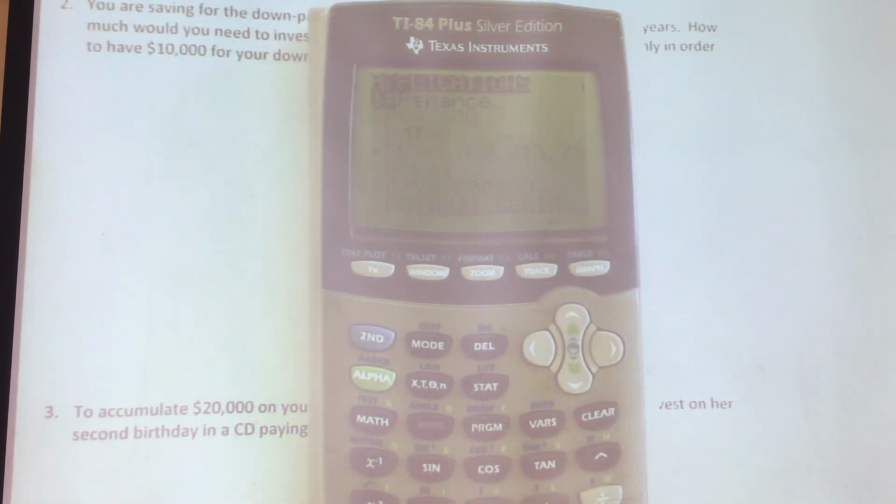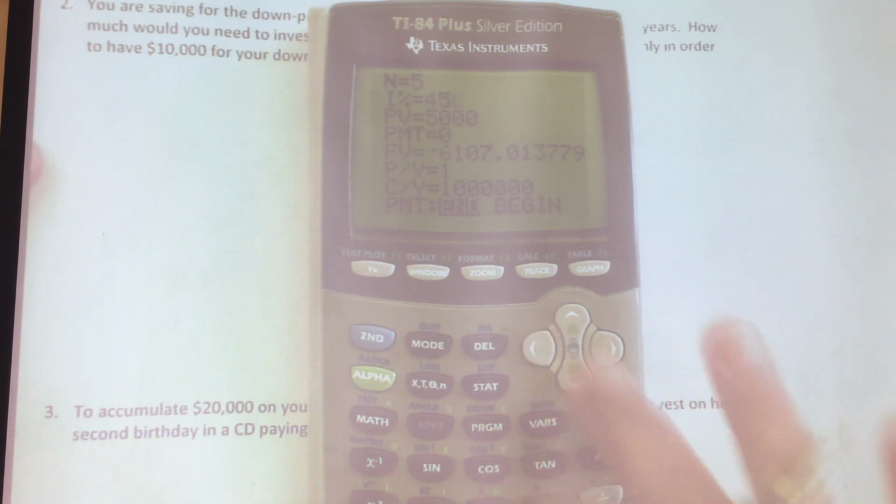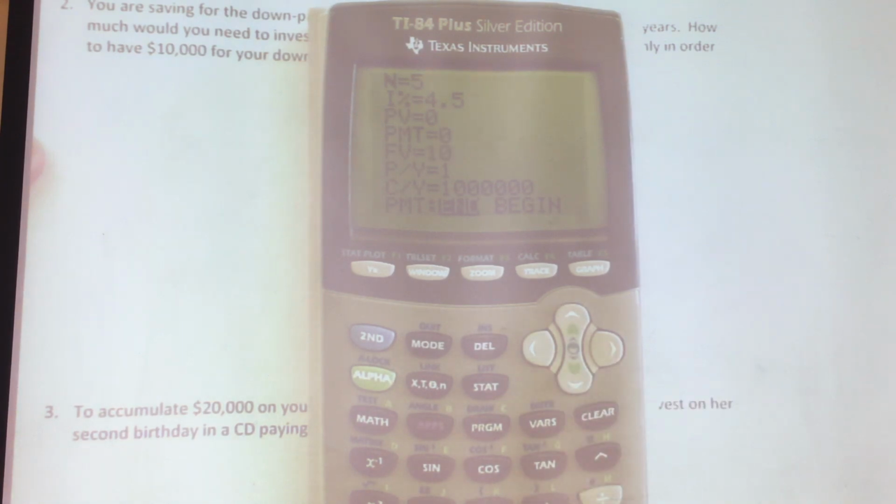So let's change the letters here. Again, you're going to apps, finance, TVM solver. N is your time, so your time is 5 years. Your interest rate is 4.5. PV is what you are solving for. Your down payment is your present value, so you're solving for that. You have no payments. Future value is 10,000. P/Y is 1.